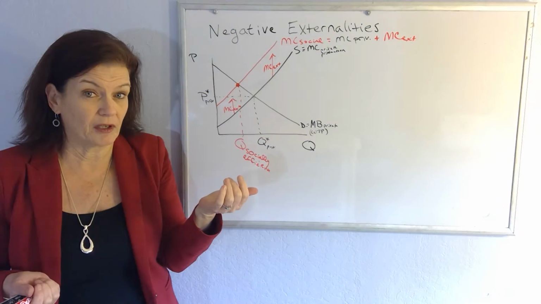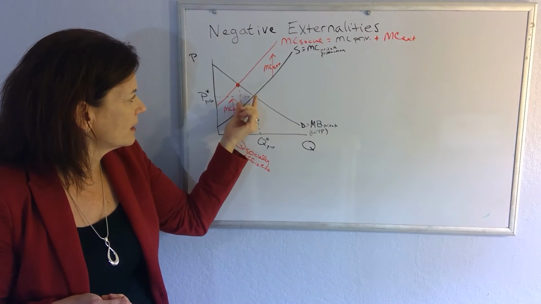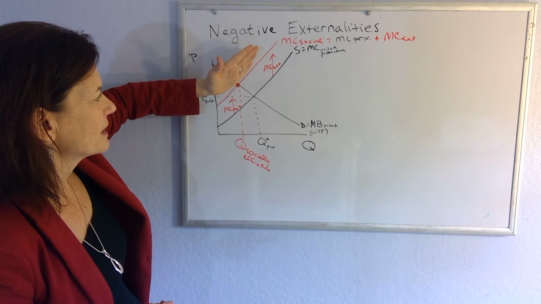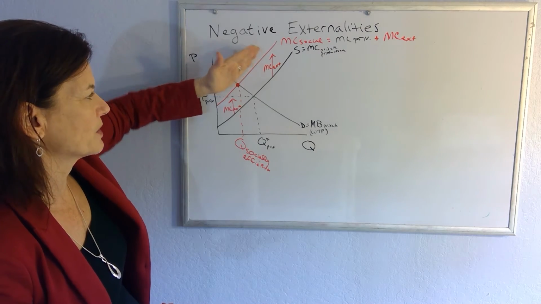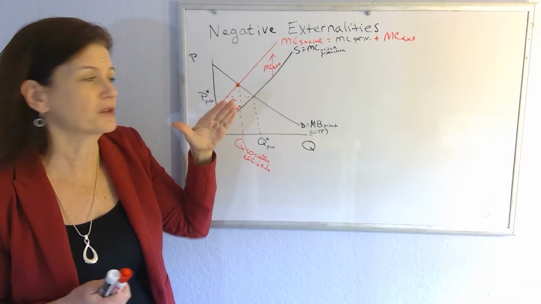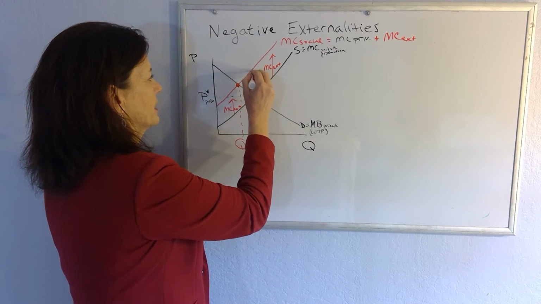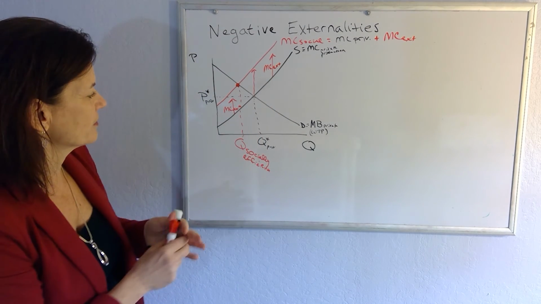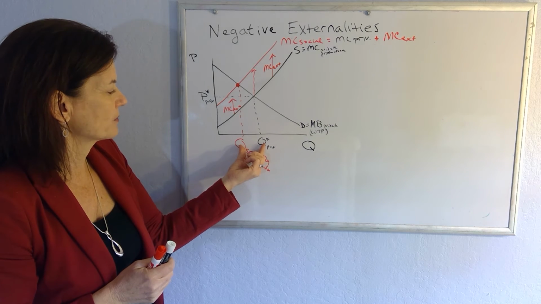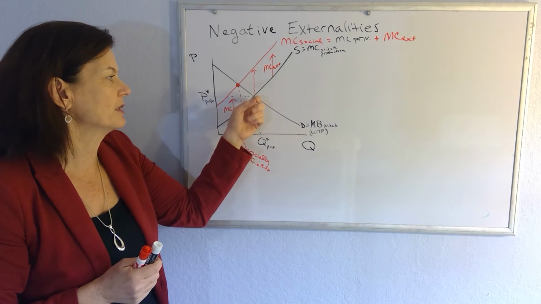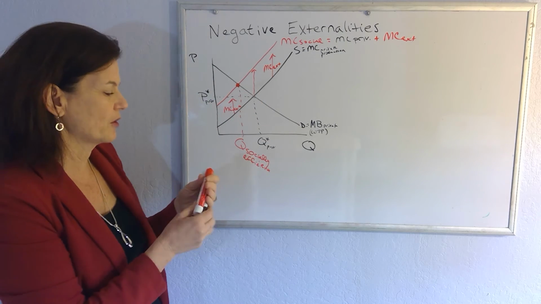So if you leave the market alone, they're going to make them. But they're worth less to consumers than the true cost to society when you take into account not just the cost to produce, but also those external costs that are being generated. And so these units from Q socially efficient to Q star private are being made when you leave the market alone, even though they shouldn't be.